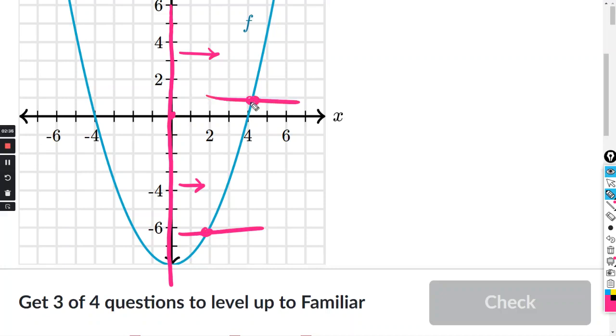Wherever you go, even all the way down here, it would intersect the graph in only one point. So if you eliminate this side of the graph and only use x greater than or equal to 0, that is now an invertible function. So A is true.